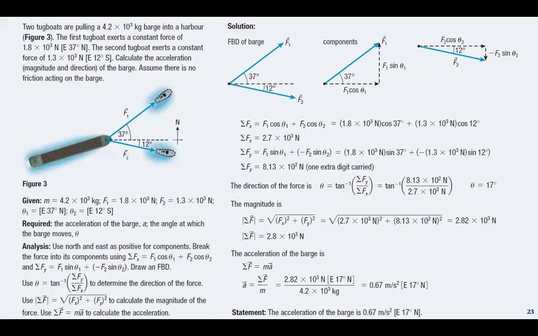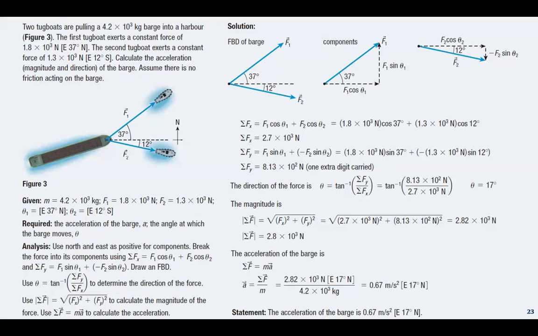The direction of the force is theta equals 17 degrees. Then the magnitude of the force is the square root of the squared x component plus the squared y component, and this gives us 2.82 times 10 raised to the power of 3 newtons.